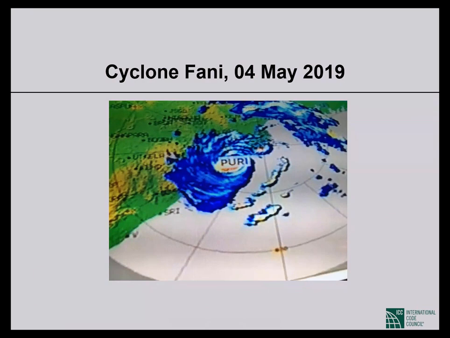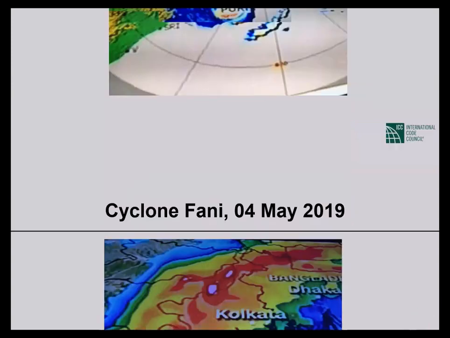So cyclones that hit Bangladesh, one of the more recent significant ones, Cyclone Fani, 4th of May 2019 was the date. It originated in Orissa in India, then moved to the north and east.